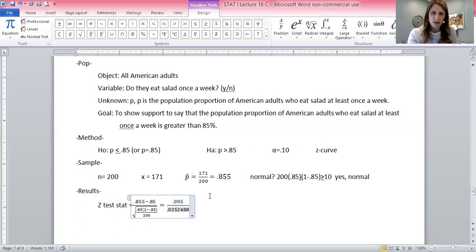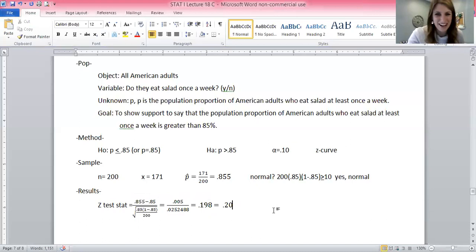So here, and then I'm going to arrow over and put equals and divide that by the denominator. And I get 0.198, or you could say 0.20. So I'm just going to put equals 0.20. Could go either way. Okay, probably close enough. All right, so that's my test statistic.